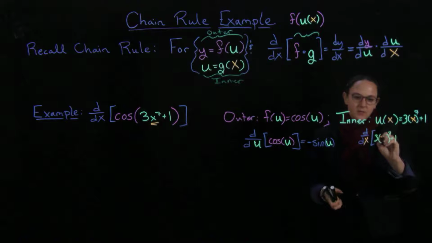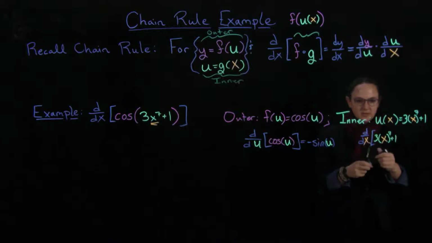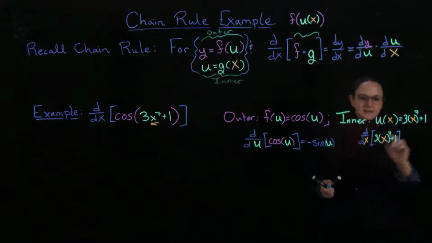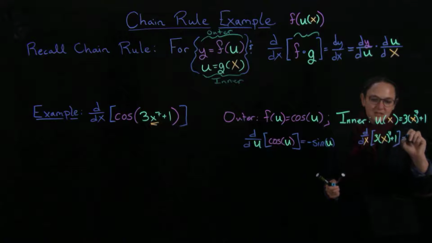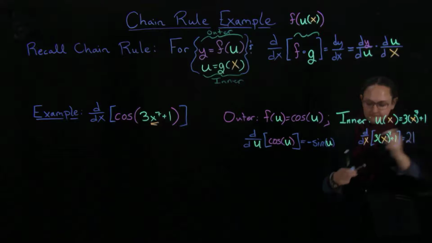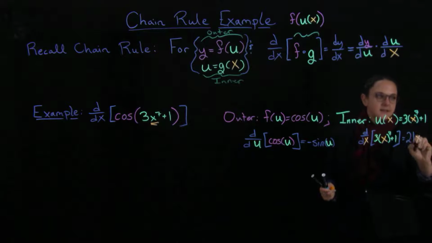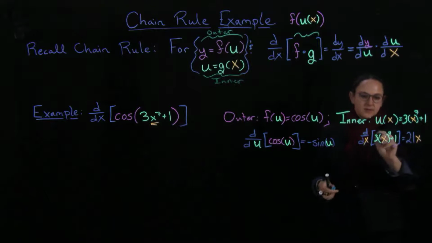I'm keeping my variable orange so I realize that I'm taking the derivative with respect to this. Everything is orange. It sometimes makes it easier inside of our heads. And we just know how to use the power rule here. This is just going to equal 21, and then I'm going to keep this orange just so that we can see, orange is our final product variable, x, and then this goes to the 6th.